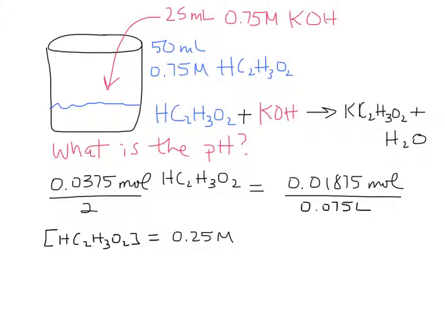Okay, so where do we go from here? We've found the concentration of the acetic acid that remains, and all of the potassium hydroxide has been consumed because it's the limiting reactant in this particular process. So now let's go and set up another ICE table. So all of these values are going to be really important. So we're going to draw from them as we make our new ICE table on the next slide.